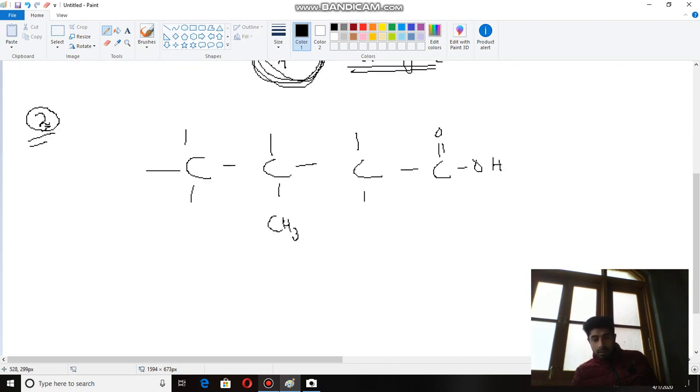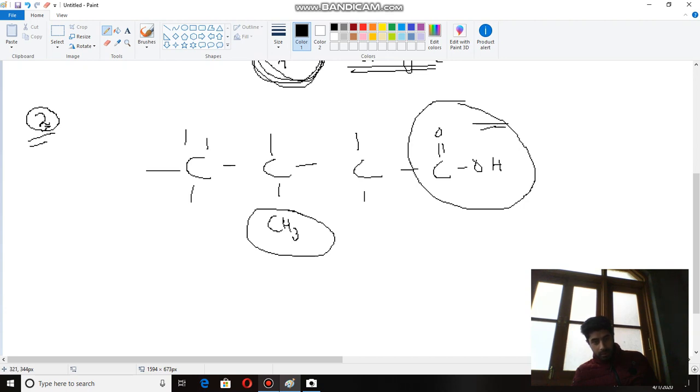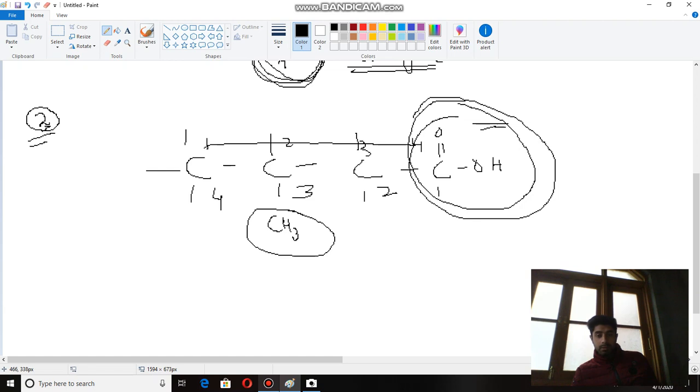So this here is principal functional group, because we can choose our parent chain like this: 1, 2, 3 and 4. This way is not correct, because this should get the minimum possible number, because this is our principal functional group. So this is 1, this is 2, this is 3 and this is 4.